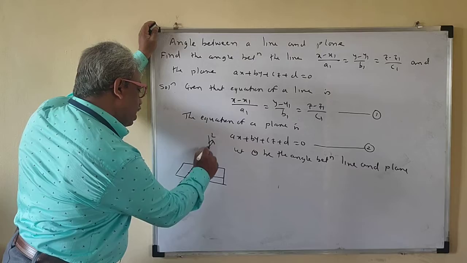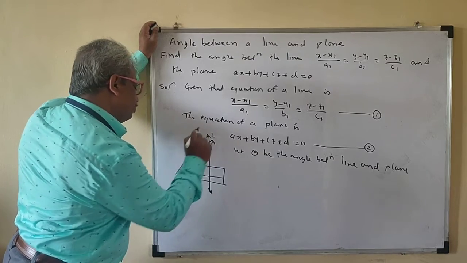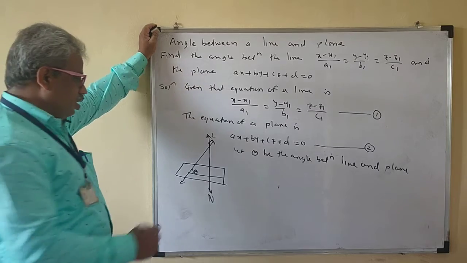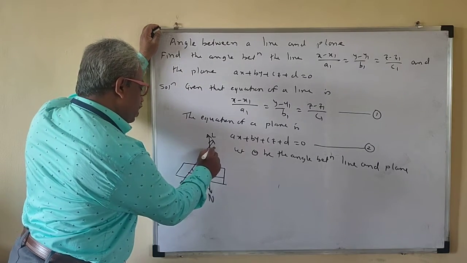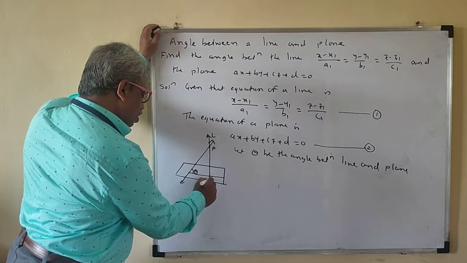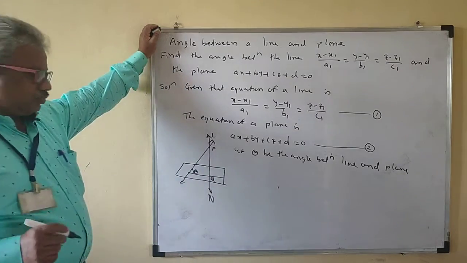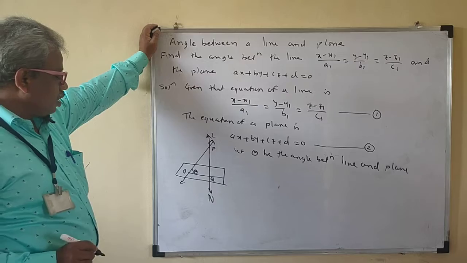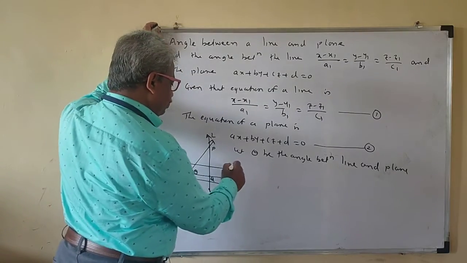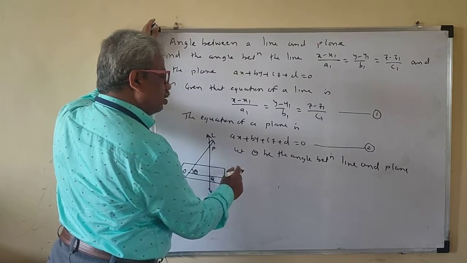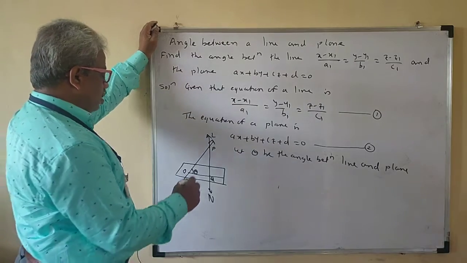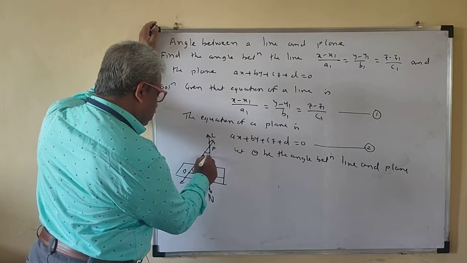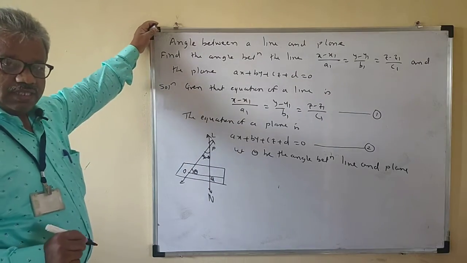This is the line which is normal to the plane. This is N, the normal to the plane. I will call this P and this Q, and suppose O is the origin. Then theta is the angle between the line and the plane, so this angle is 90 minus theta.